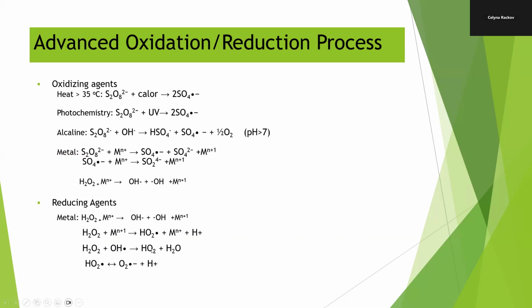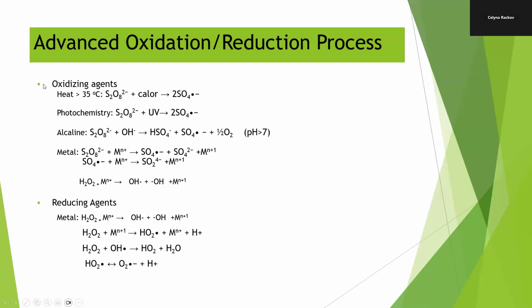Okay, so we still talk about the advanced oxidation reduction process. It's called advanced because it will be faster than normal reduction reactions, because here you'll be activating the reactants to make radicals.